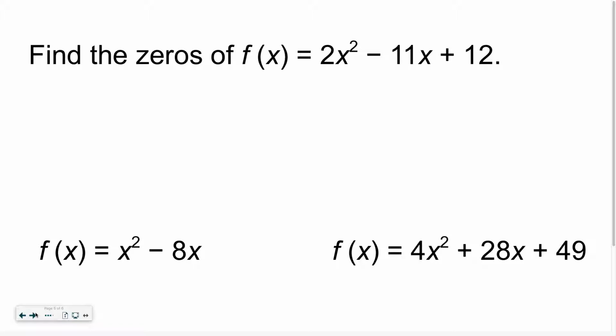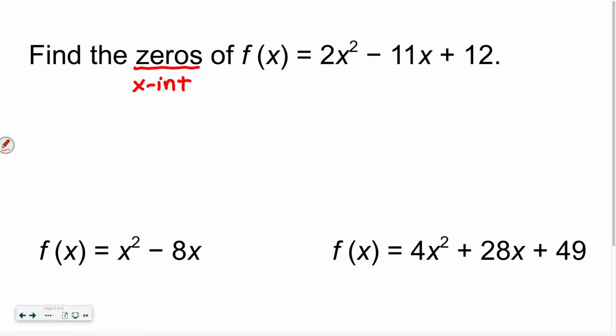So maybe write this down so that you have your directions. Find the zeros of. Zeros is another word for x-intercepts. So the zeros of the functions are specifically the x-intercepts, not the y-intercept, that's not a zero, only the x-intercepts.